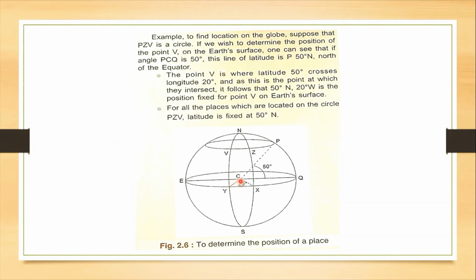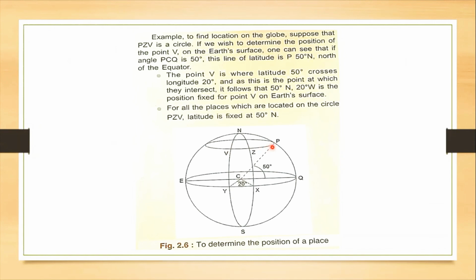We start from the center of the Earth. When we draw an angle like this to the equator, how much is this angle in the protractor? That is 50 degree. So the latitude of the point V is 50 degree. The imaginary place V is located at latitude 50 degree.